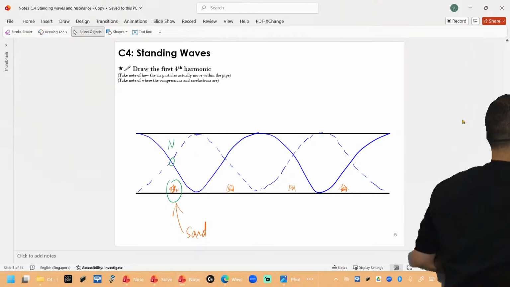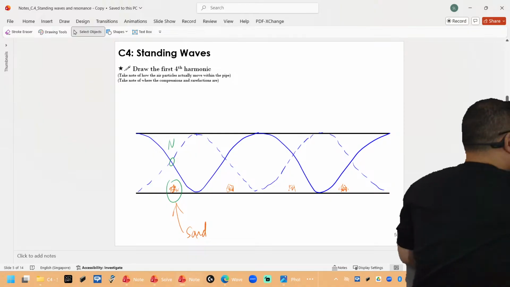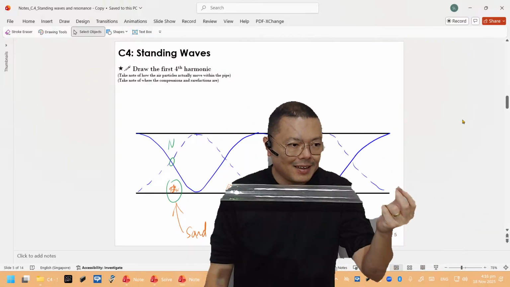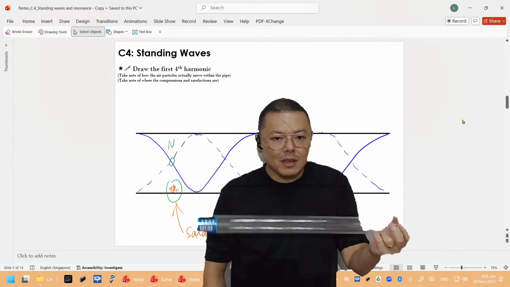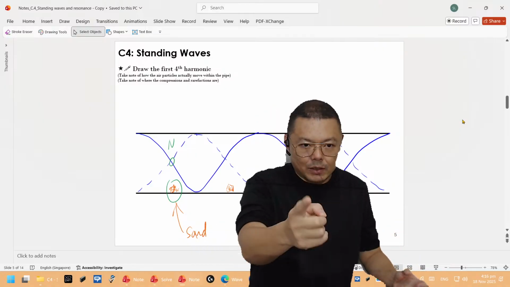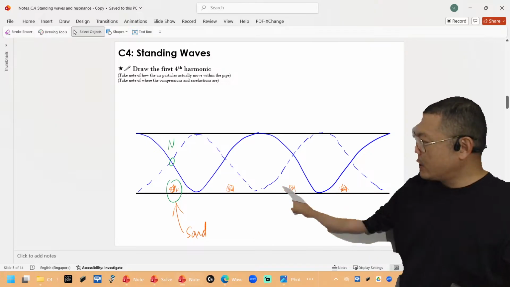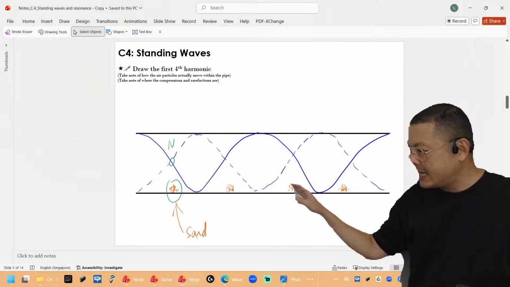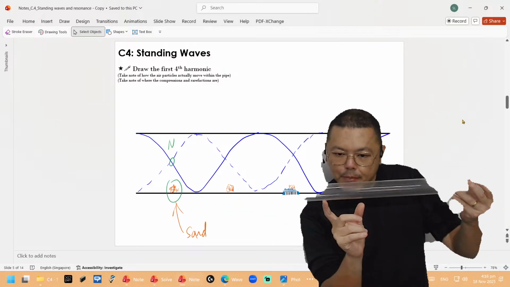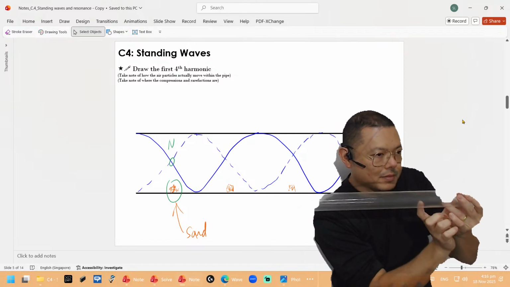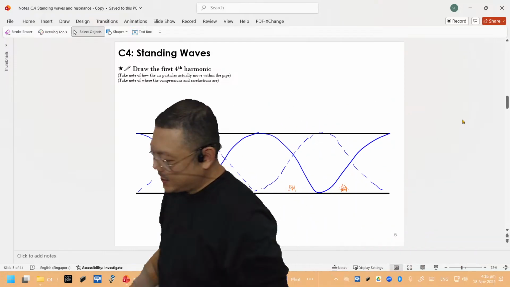If I had a standing sound wave in this pipe, you're not going to be able to see it. So there are ways to visualize it. One of the ways is to put sand in it. If the sand forms little heaps inside the tube, you can measure the distance between the two heaps.